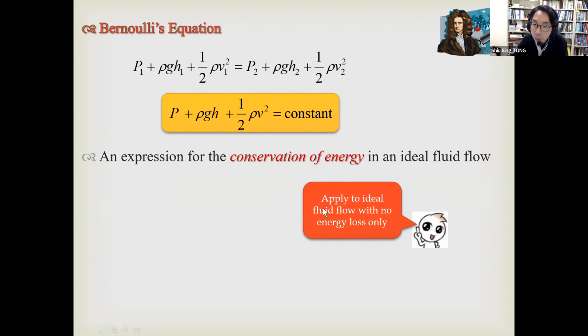Because we do not consider energy loss due to viscosity or friction, energy is conserved along the flow, and this equation simply expresses that. Formally we call this the Bernoulli equation, because it was discovered by Bernoulli some 300 years ago.